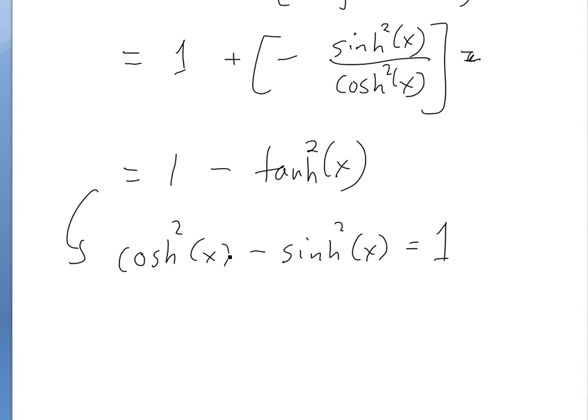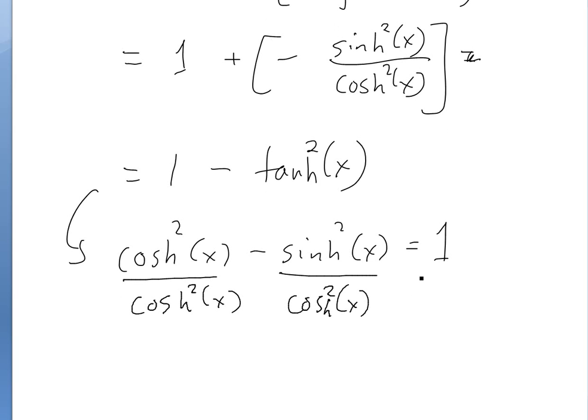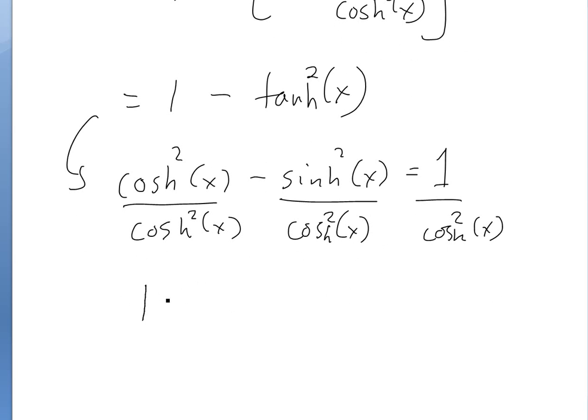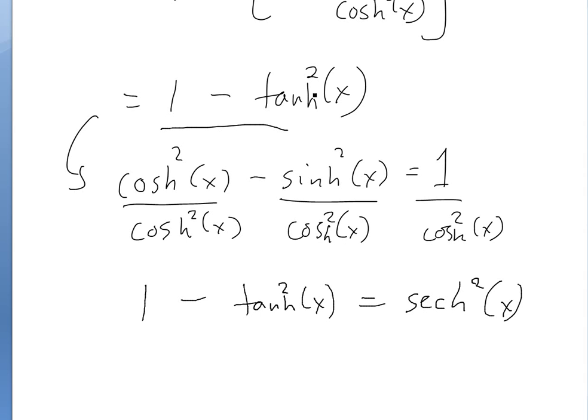So if you divide this all out by cosh squared of x, this is going to be equal to 1 minus tanh squared of x, which is just sech squared x, where sech is the inverse of cosh. So there's our identity right here. You can simplify it to the hyperbolic secant of x squared.